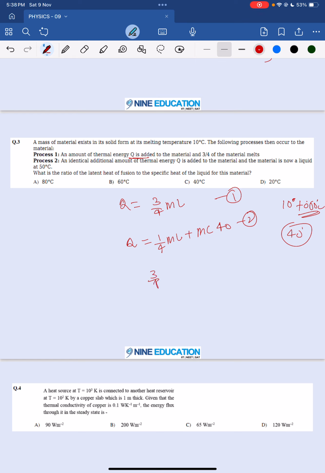So 3 by 4 mL equals 1 by 4 mL plus mc 40. It becomes 3 minus 1, which is 2 by 4 mL equals mc 40. Here we cancel, this is 1 by 2. So L by C becomes 80, which is our 80 degrees Celsius.